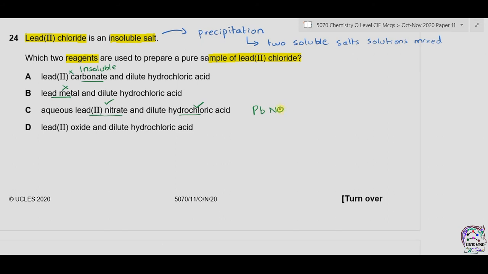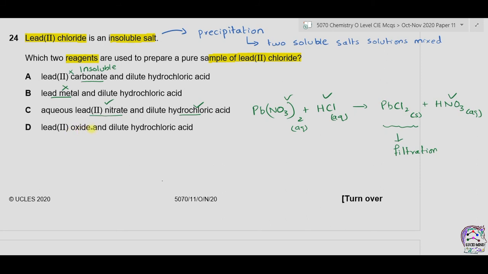So lead 2 nitrate will react with HCl in aqueous form to form lead chloride salt, which is insoluble, along with HNO3 aqueous. Now, as these are soluble and only this is insoluble, this can be separated easily by the filtration method.